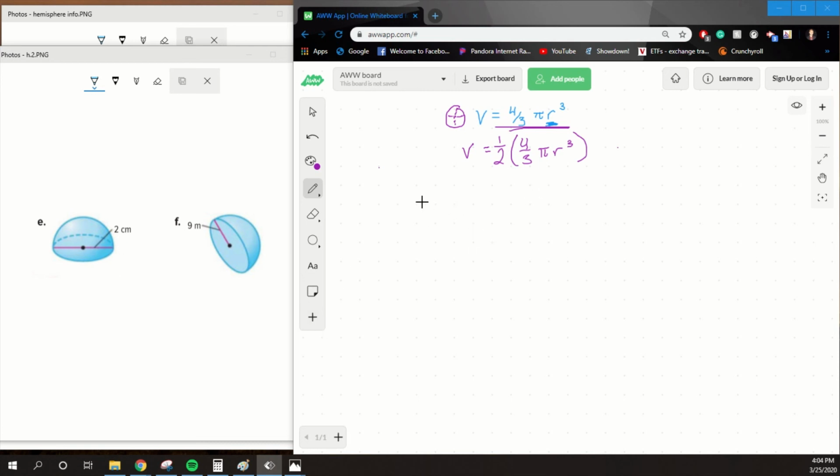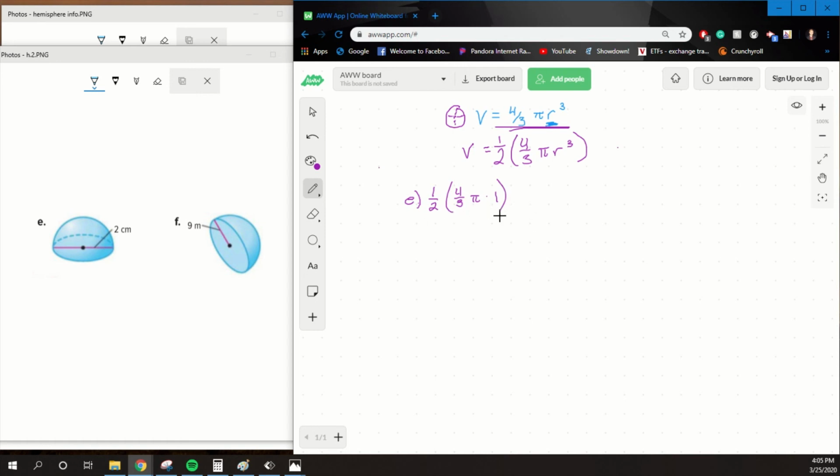So for this first one, for E, it's given us the diameter. Again, diameter is lame. We don't like diameter. We need radius. And the radius is half of our diameter. So I'm going to take that 2 and turn it into a 1.